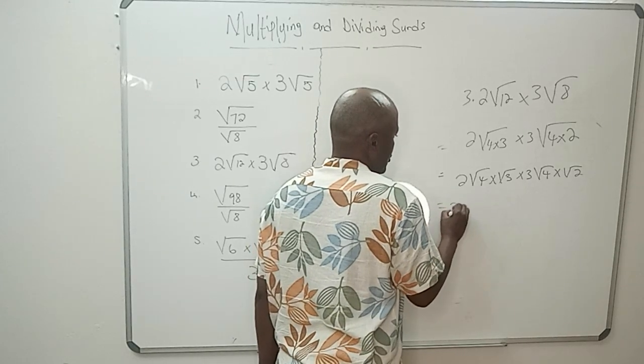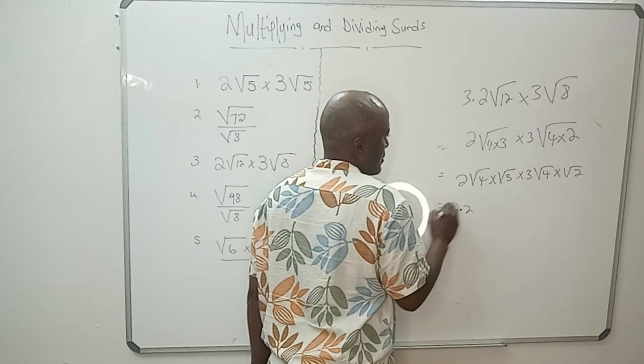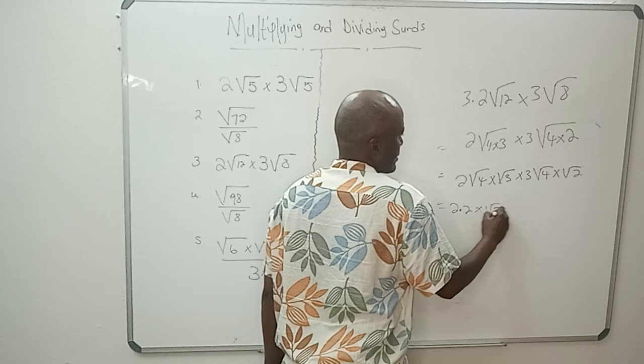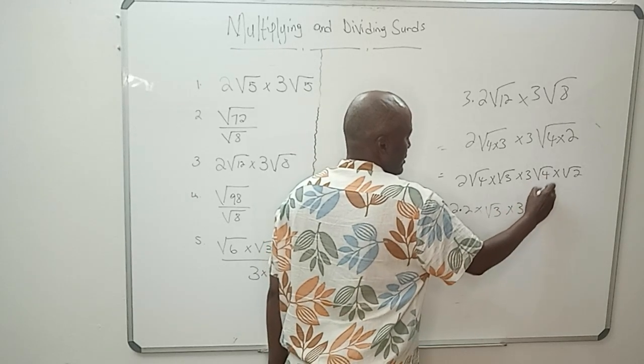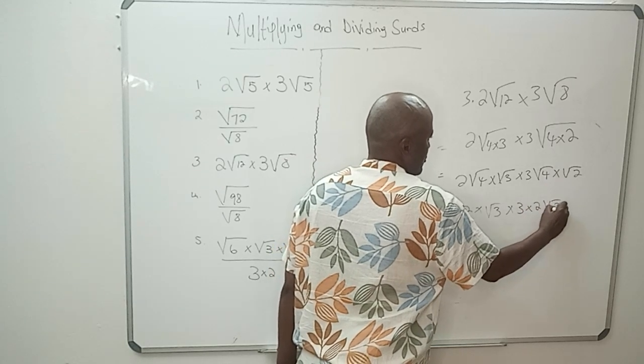This is the same as 2 multiplied by the square root of 4 which is 2, multiplied by square root of 3, multiplied by 3 multiplied by the square root of 4 which is 2, multiplied by the square root of 2.